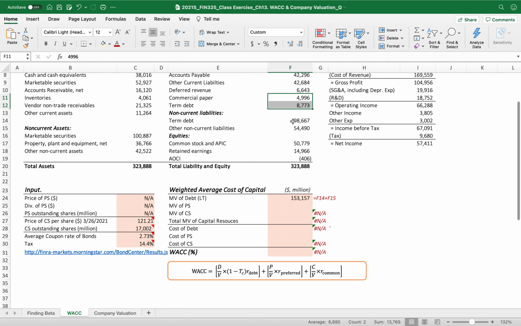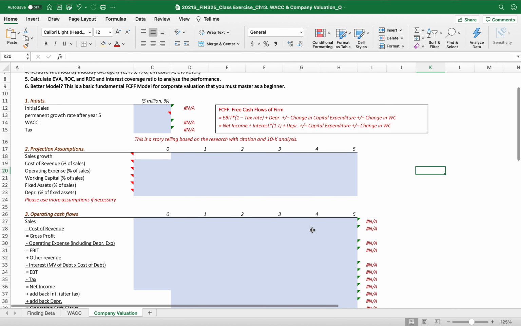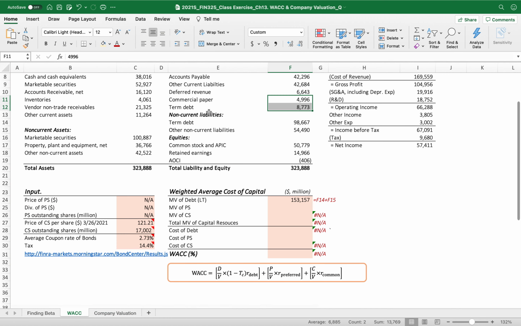Why? When we discount the future cash flow of the firm, the free cash flow is made by the activity of the firm that uses the financing from bonds or equities. Yeah, it's longer than 1 year. Year 1 to 3, as you can see, we are using years 1 to 5. So we are not using the short term.